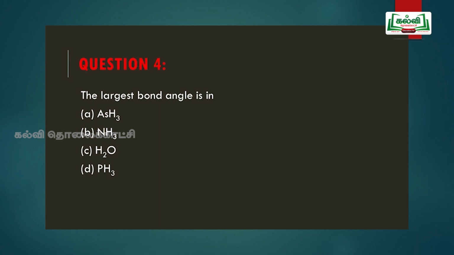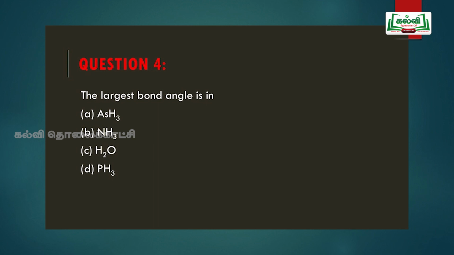Next question. Which has the largest bond angle in this case? Look at this: AsH3, NH3, H2O and PH3. All these molecules have the same hybridization. What is that hybridization? sp3. Then in which case can you find out?